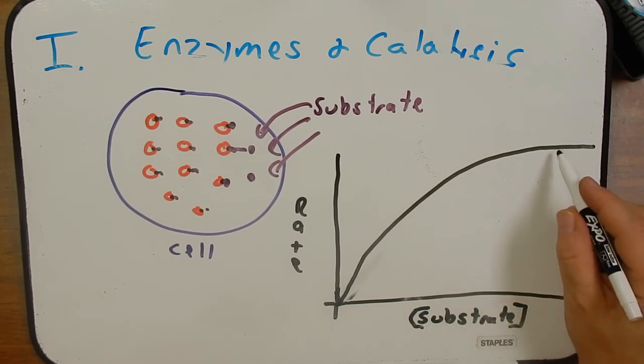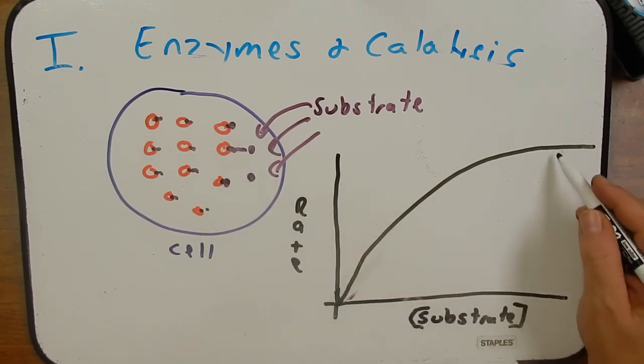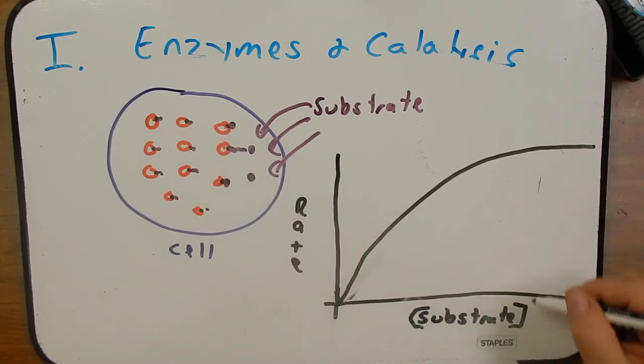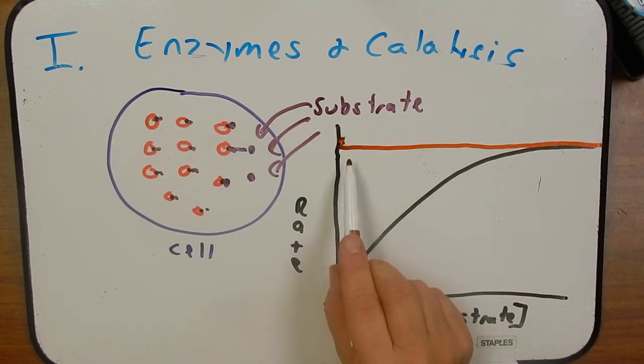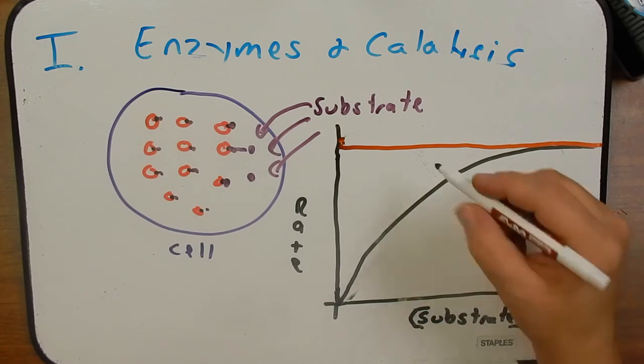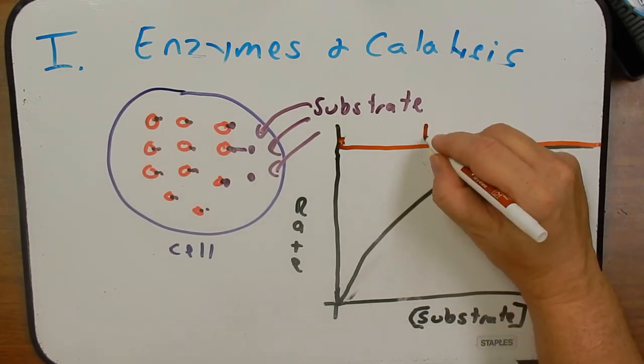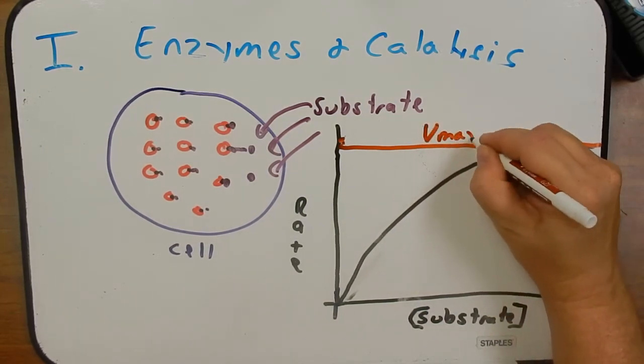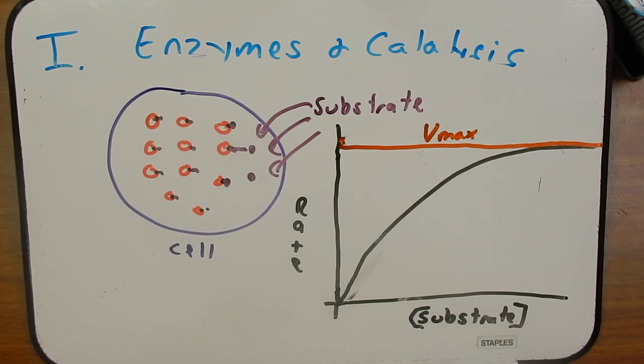But at some point, these active sites become completely filled, and it doesn't matter how much more substrate you add. We call this rate at which all the active sites are full Vmax, the maximum velocity. The amount of product you're going to make at that point is strictly dependent upon how fast that enzyme can release the product.